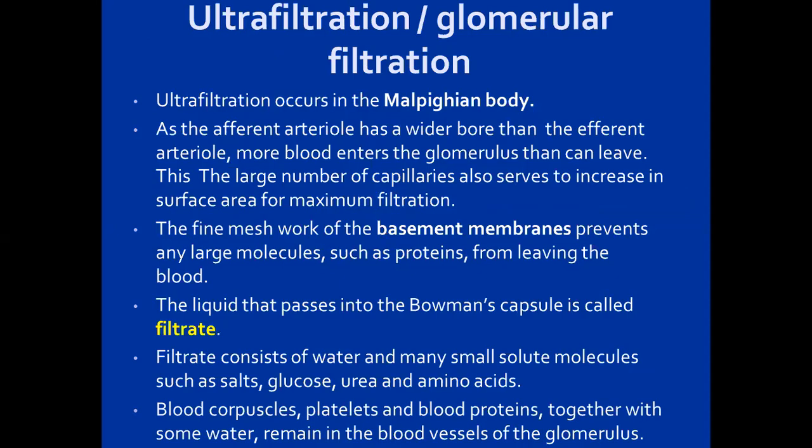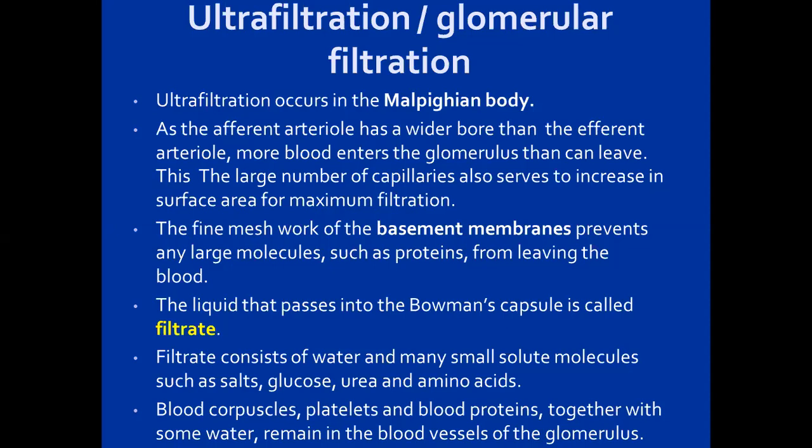The fine meshwork of the basement membranes prevents any large molecules such as proteins, and obviously any cells like blood corpuscles, etc., from leaving the blood in the capillaries and passing through. The liquid that passes into Bowman's capsule is called the filtrate.